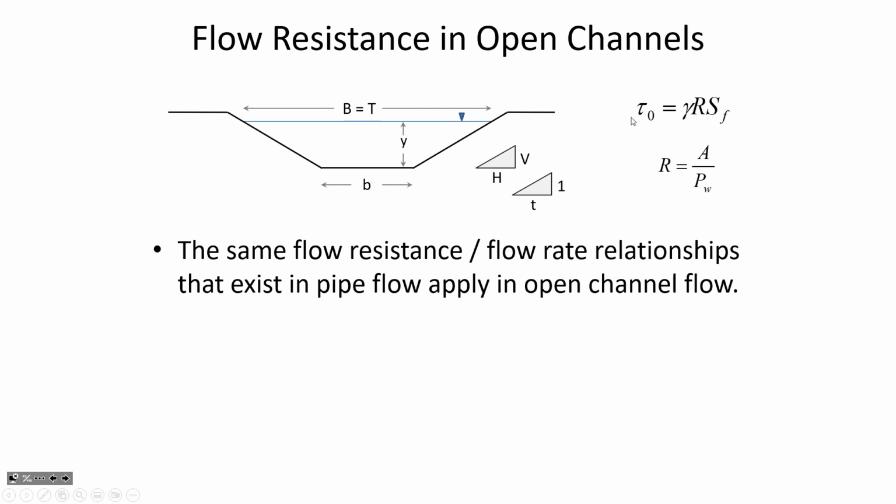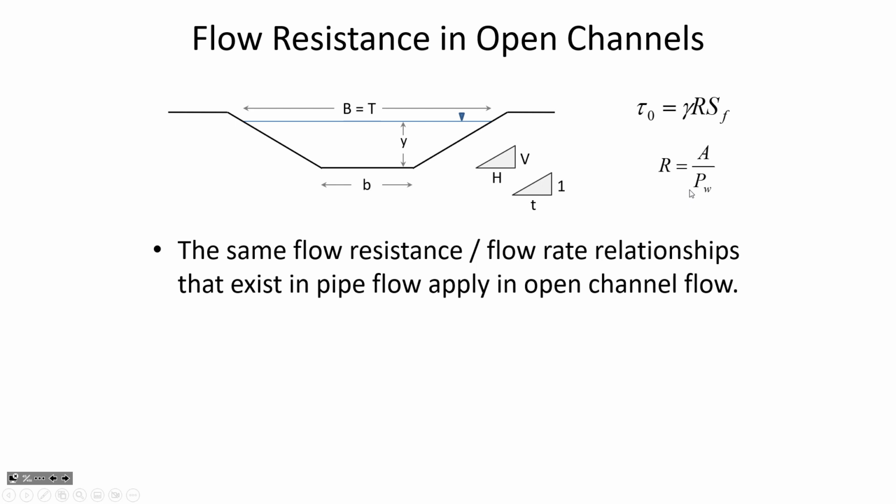Now we can apply the definition of shear stress also to a trapezoidal channel. Remember, the definition of hydraulic radius, R, is the area divided by the wetted perimeter. In a pipe, if the pipe is full, the wetted perimeter is the entire circumference of the pipe, because water is touching material the entire distance. But in a trapezoidal channel, the wetted perimeter is a little bit different.